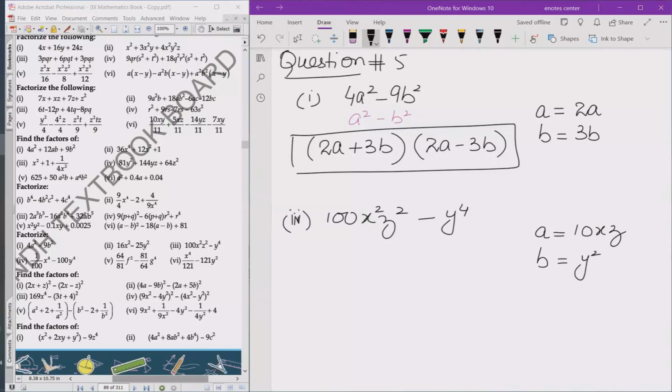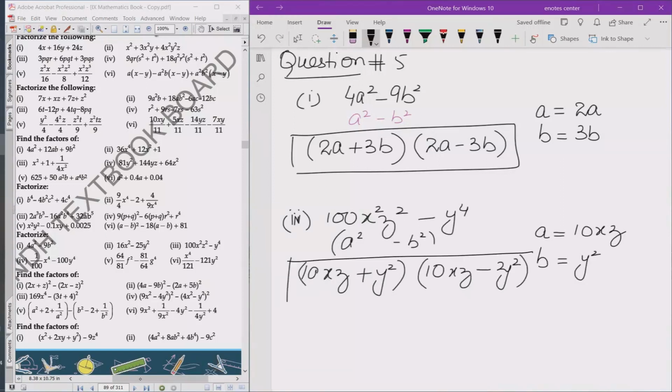We will simplify this way, a square minus b square. So we have the first term 10xz plus y square and the second term 10xz minus y square. So this is the answer of this question.